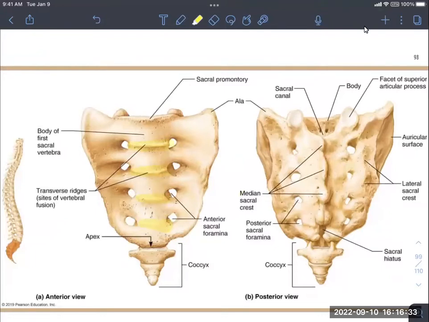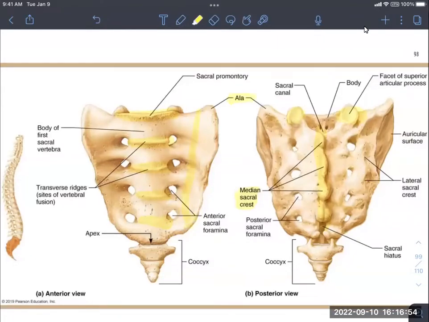We have the medial sacral crest. These are where the spinous processes all kind of came together. We have that sacral promontory. We have our facets of the superior articular process that articulates with L5. We have our ala, which are like the wings or the transverse processes that all fuse together.